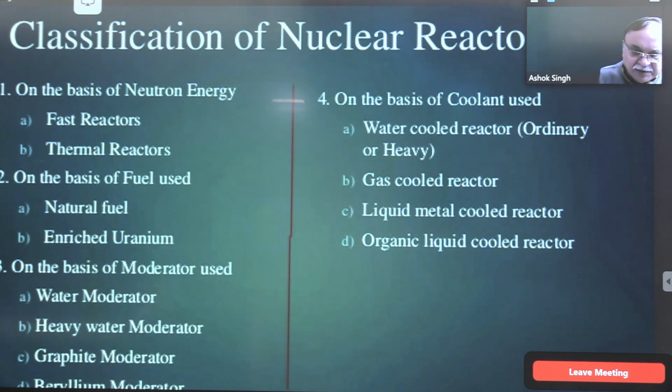The neutrons are not slowed down. In India, for example, one of the most important technological projects currently is called the prototype fast breeder reactor. You'll see this later, so don't worry about it immediately. Prototype fast breeder reactor. That's an example of a fast reactor.